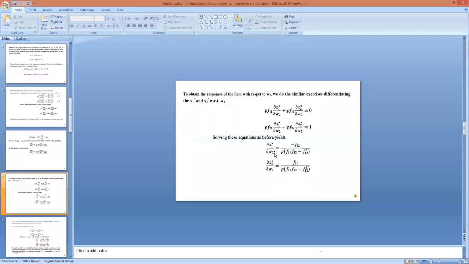It can be positive, it can be negative. In fact, if F12 is equal to 0, it will be absolutely equal to 0. The same thing we are doing here. In the last exercise, the starting point was change in W1, and here the starting point is change in W2.